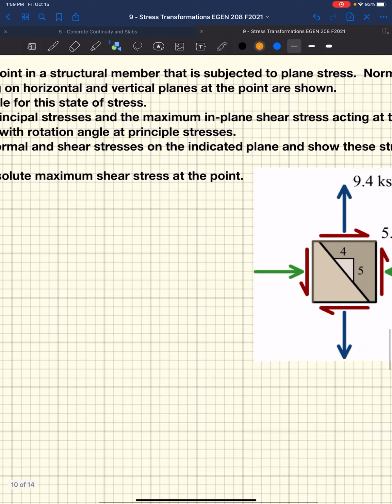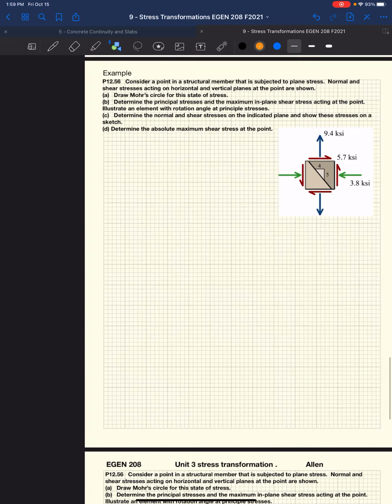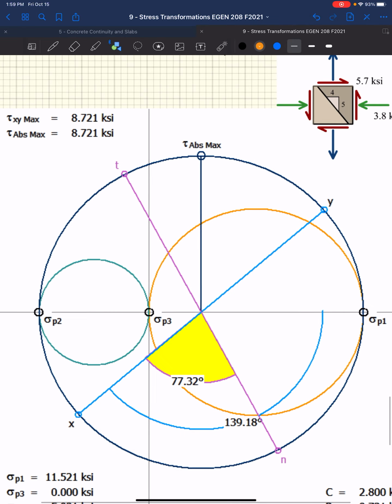If I show you, you have one of these in your notes. This one here: if our sigma 1 and sigma 2, our in-plane maximum principal stresses, have the origin lying within our initial circle, then we know that our absolute maximum shear stress is also the in-plane maximum shear stress.